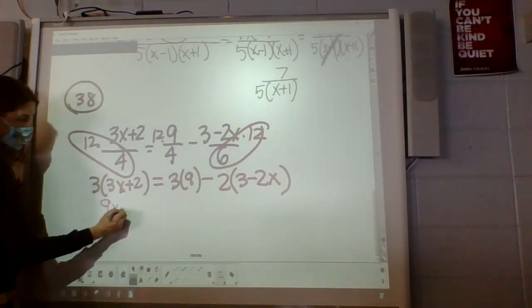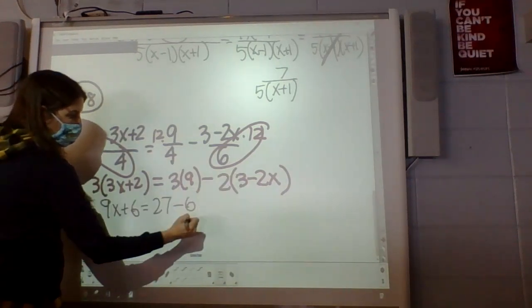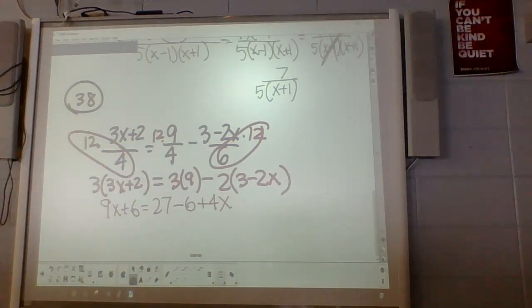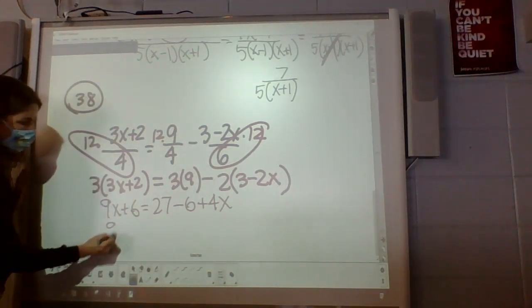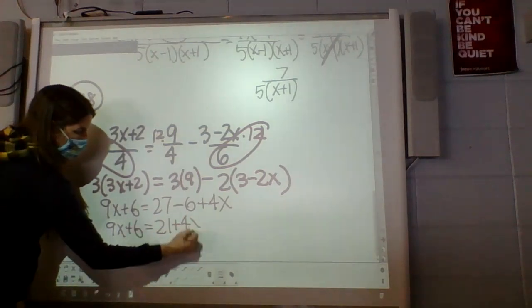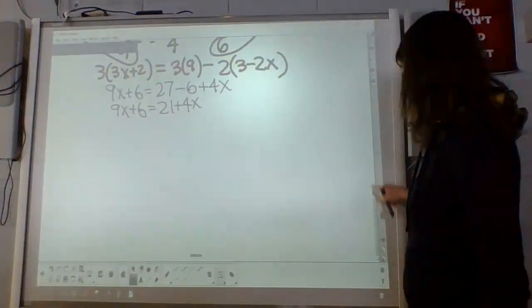So I end up with 9x plus 6 is 27. And then this is negative 6 plus 4x. So I can put those together. I'm going to bring the 4x over.